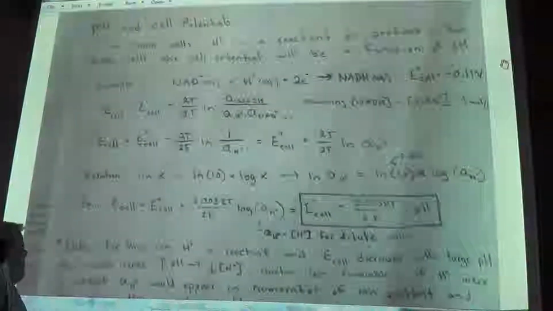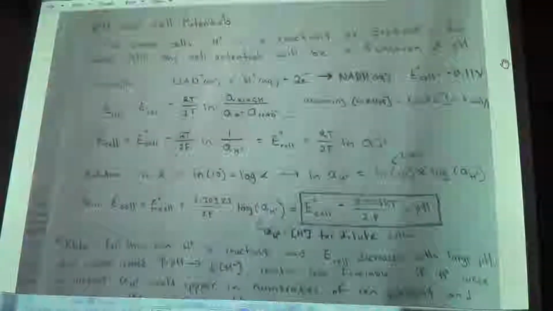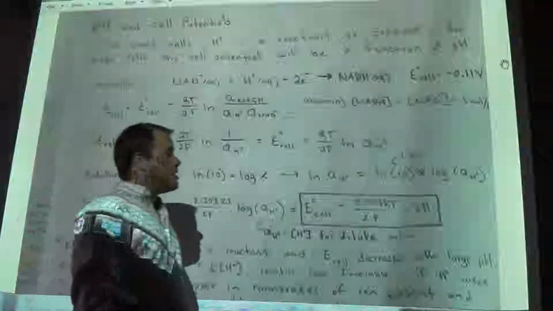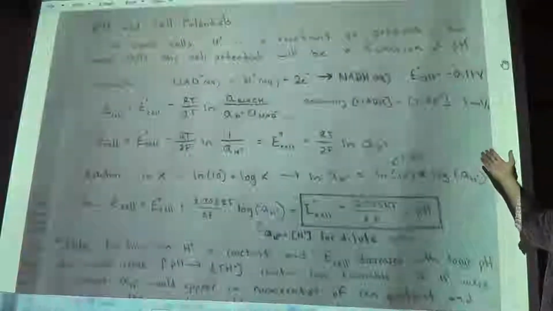We're going to use a little bit of math here and say that the natural log of anything is natural log of 10 times the log of that item. And so if we're looking at the activity of H plus, natural log of the activity of H plus ends up being natural log of 10 times the log of H plus.